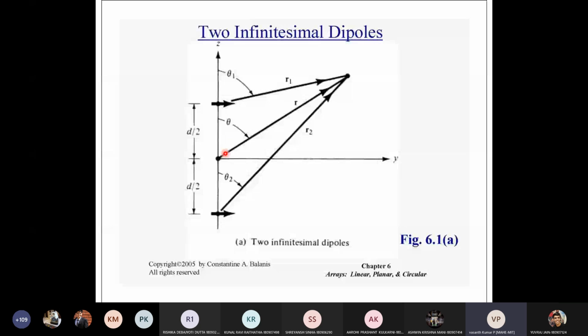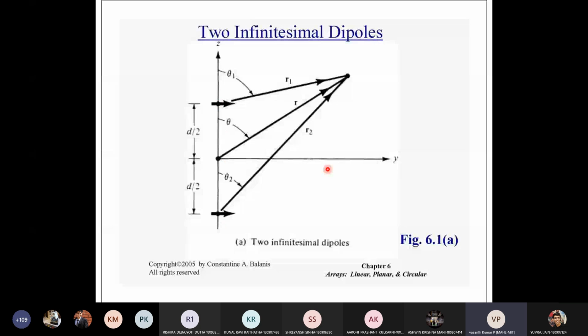So this is the phase reference, the midpoint, with zero phase. R1 is the distance between the observation point and the element, so R2 here and R here. This is theta.